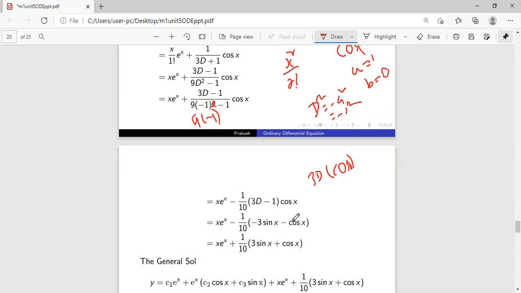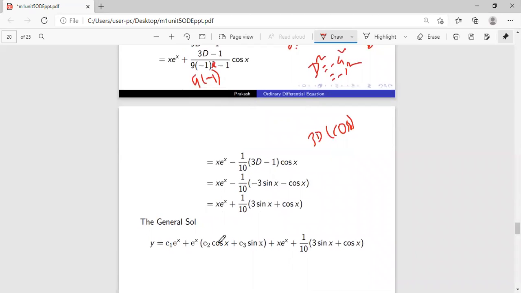Here we have minus, and multiplying with 1 we get cos x. Therefore, our answer is x e^x plus, taking the minus out, 1 by 10 (3 sin x + cos x). So this is the particular integral.